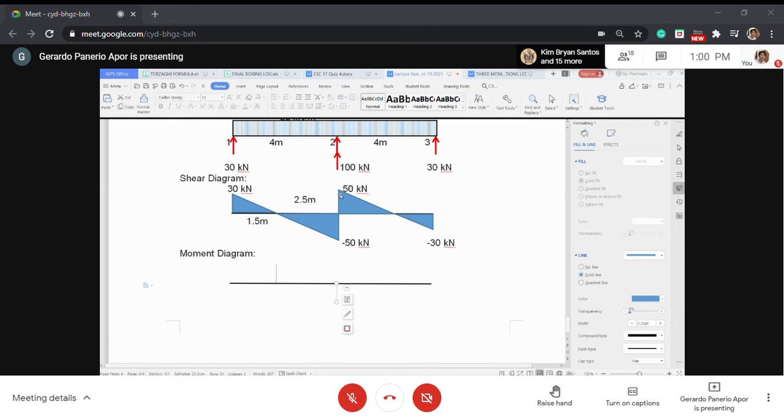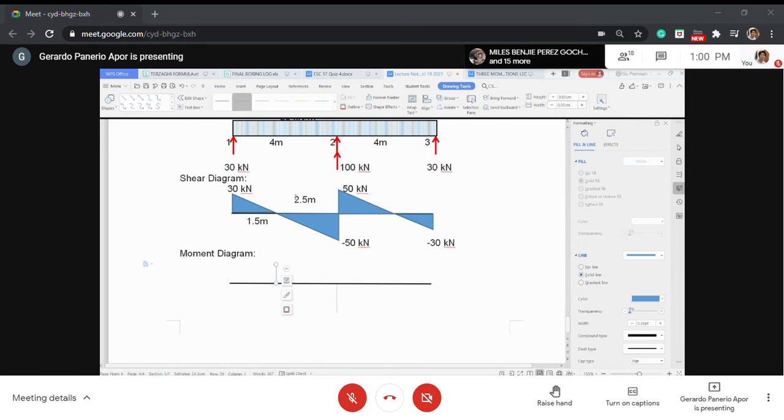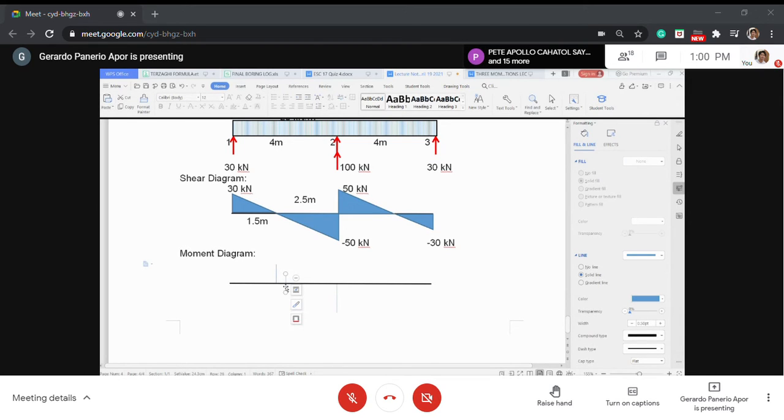We don't know how much that is, so I'm anticipating a negative moment. Then copy this again and paste. I'll have another maximum moment here because you have zero shear.